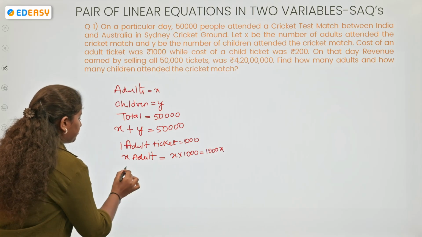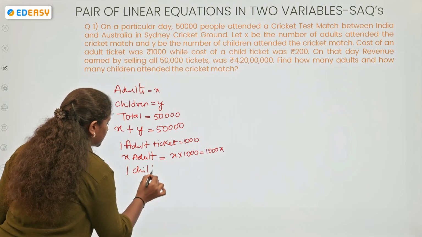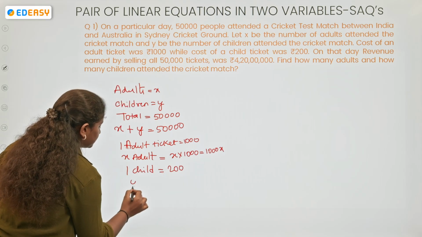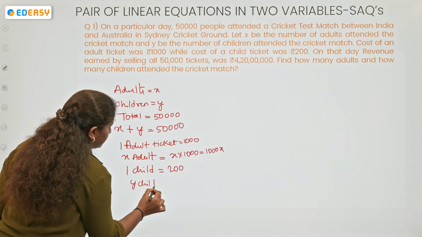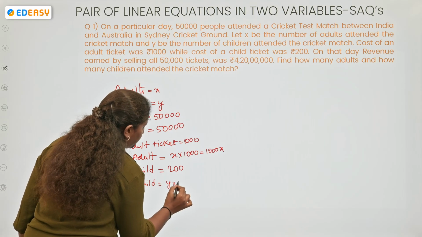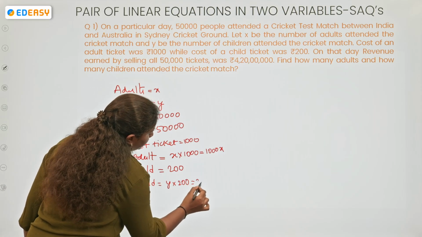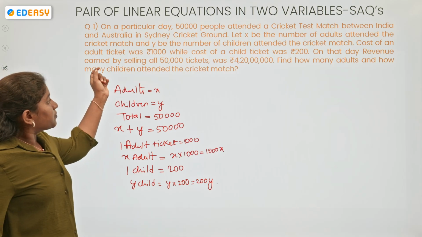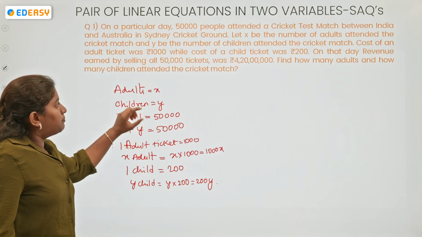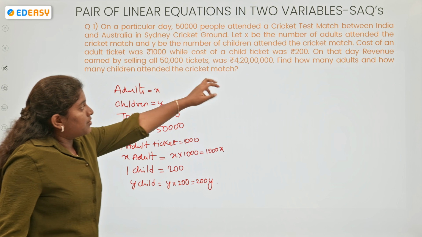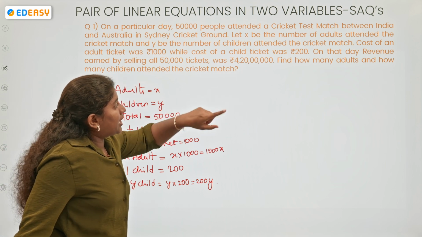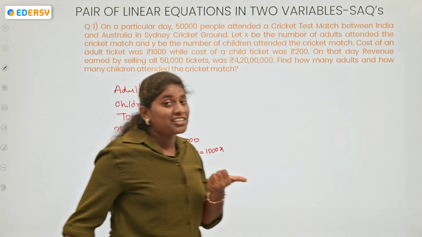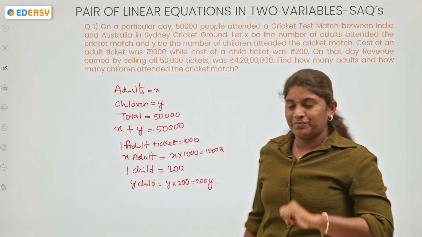Okay, and for one child it is rupees 200. Then for Y children it will become Y into 200, which is 200Y. Clear? Yes. Next, the total revenue earned by selling the tickets is 4 crore 20 lakhs. Find how many adults and how many children attended. That means we need to find the value of X and the value of Y. Okay.